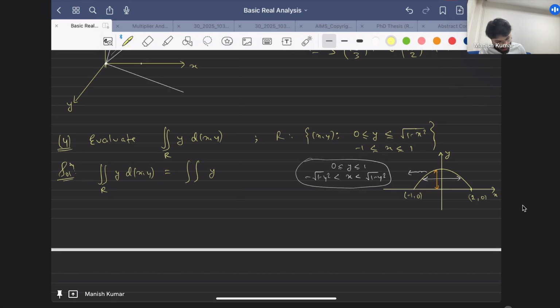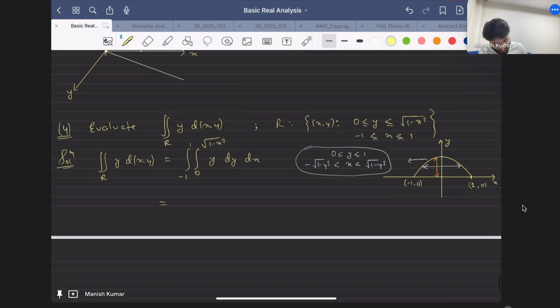So here I can say that my x is varying from minus 1 to 1, and y is varying from 0 to root of 1 minus x square. Again, this is dy, and then this is dx. Okay, so now if I do it, this is minus 1 to 1, y square by 2, 0 to root of 1 minus x square, and dx.